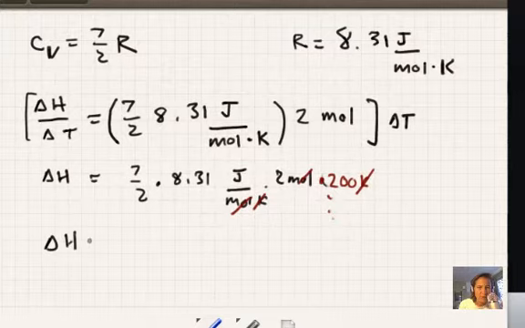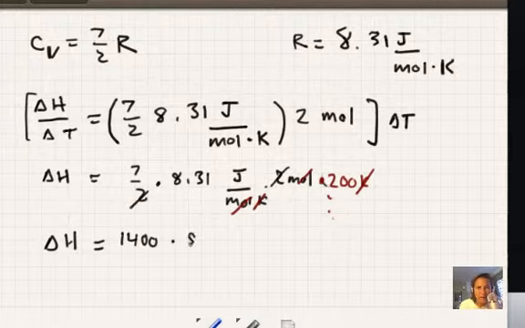So delta H, so 2 here times 2 here, that cancels. 7 times 200 is 1400 times 8.3. Let's see, I'm going to do this in a very slow way.